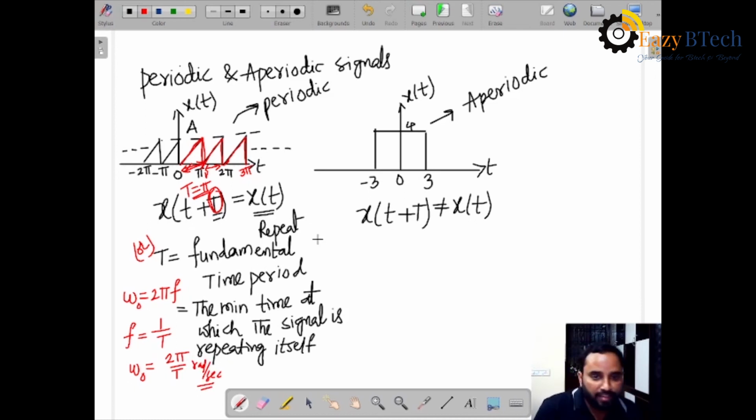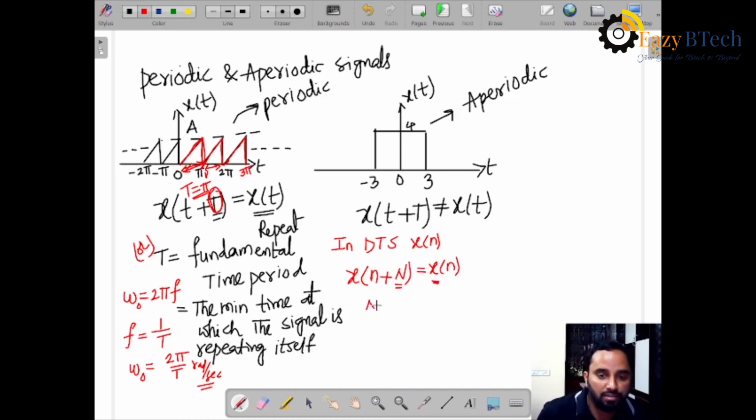Similarly, in the case of a discrete time signal x of n, how can we define periodic or not? This is the way. x of small n plus capital N is equal to again x of n. So after capital N, the same signal is repeating.